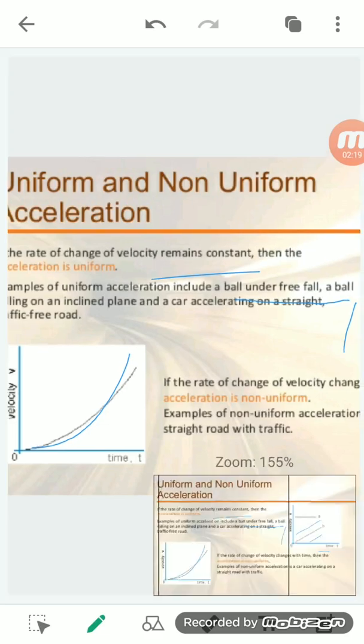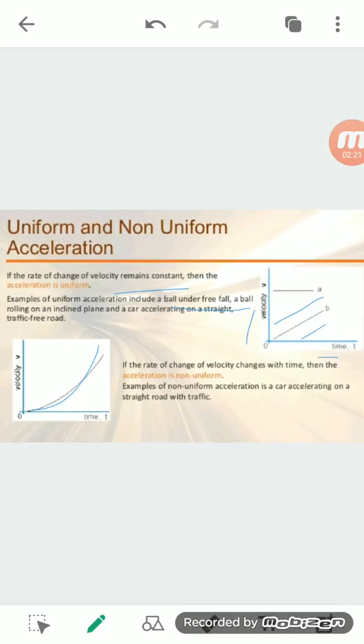So in non-uniform acceleration, since the rate of change of velocity is not uniform, the velocity-time graph is also not uniform, so it will show a curved line.